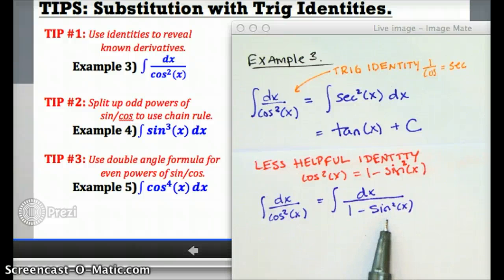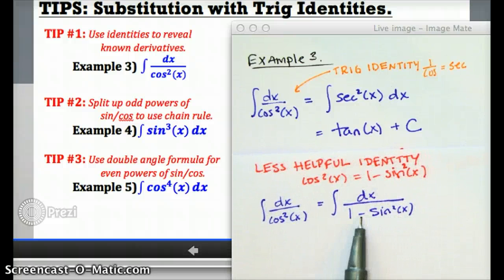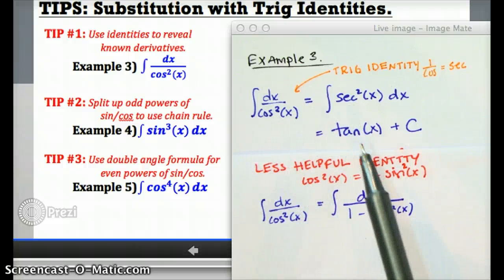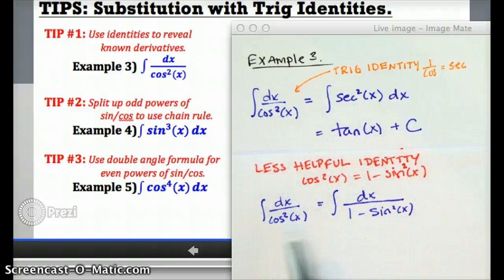But look at this integral. When you look at this integral that we get by using the identity, is this an integral that's distinctly easier for us to solve? Do you see a known trig identity here? No, you don't. So this is why using the secant identity was helpful, and the cosine squared Pythagorean identity is not helpful because it doesn't simplify the integral.